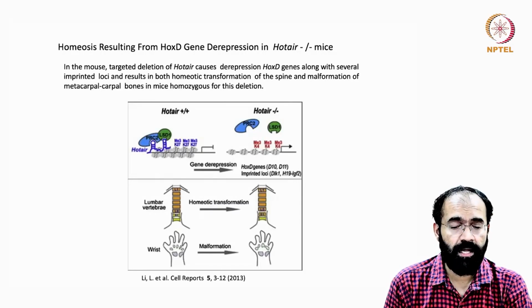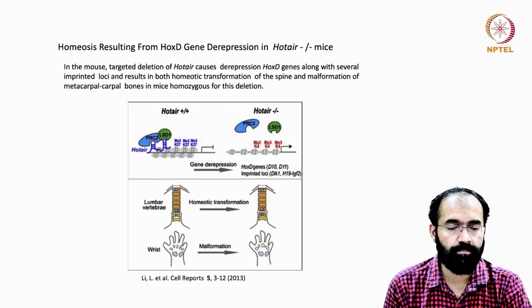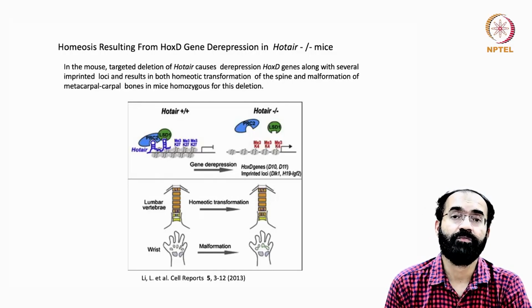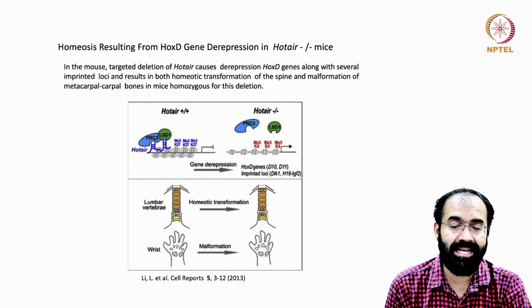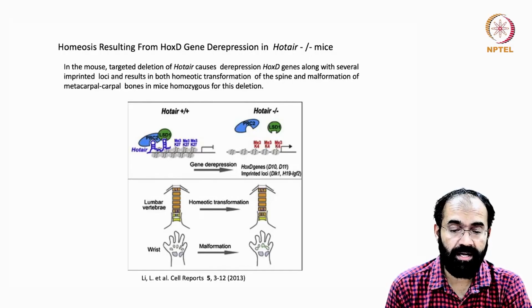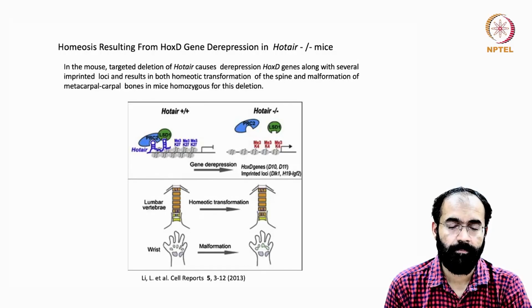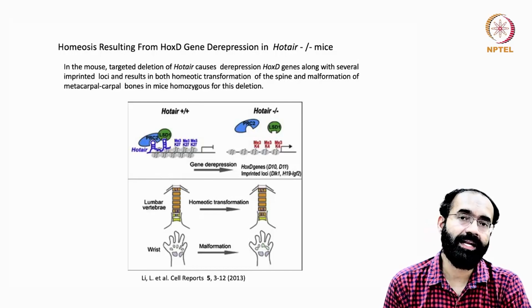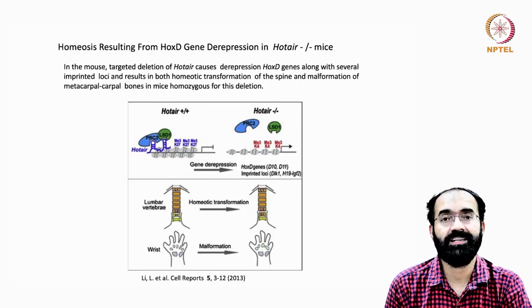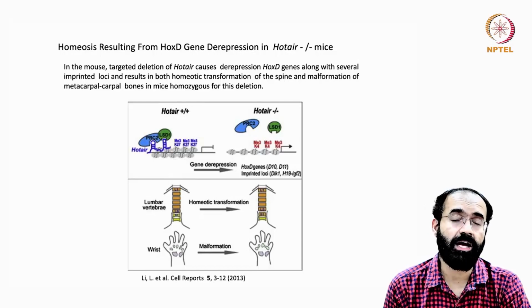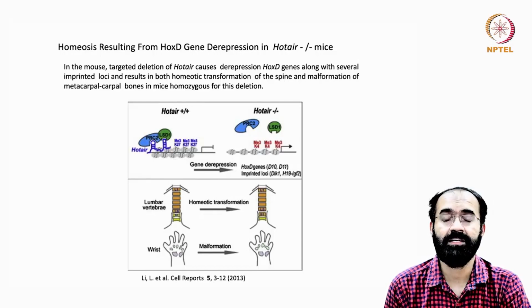So now we are hearing a new term, homeosis. Homeosis results from HOXD gene derepression in HOTAIR knockout mice. So we know HOTAIR makes sure that HOXD is repressed, not allowed to express in some region where HOTAIR is present.